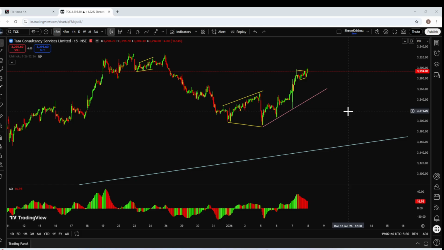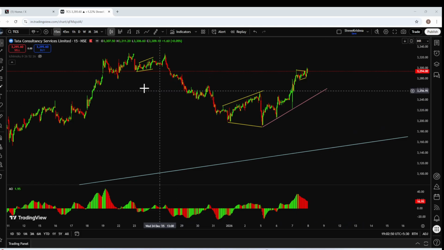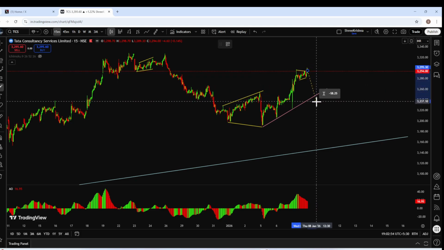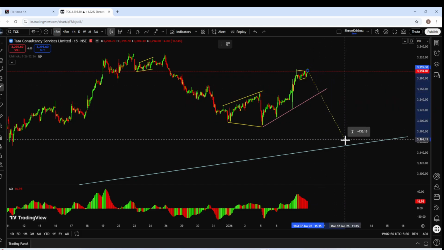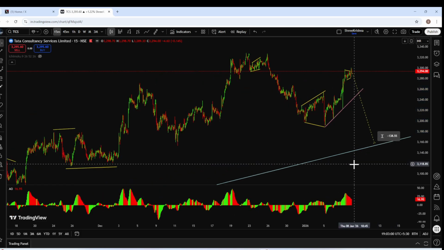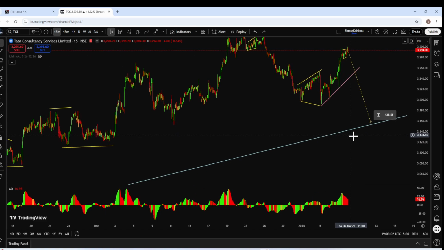Without knowing this, you will have a lot of problems. Okay, so let's see. I am looking for a downward move of around 138 points up to this. Let's see what happens.